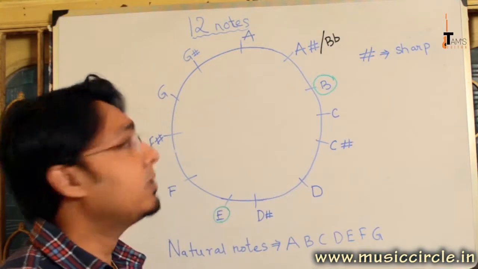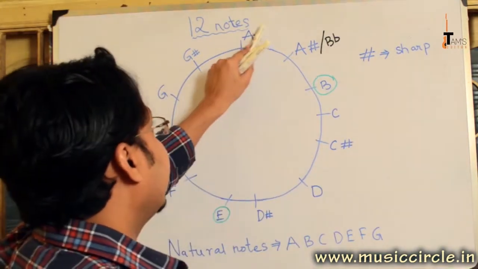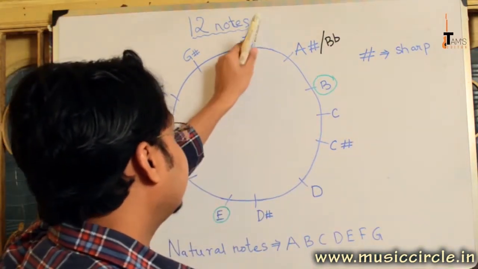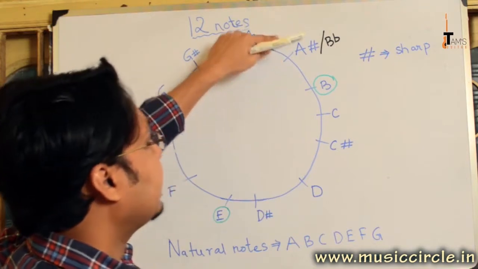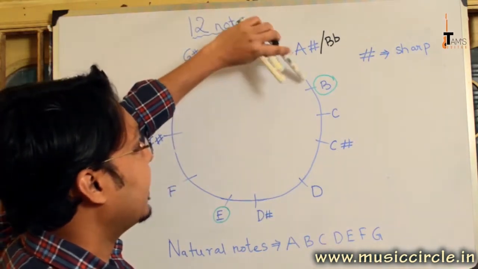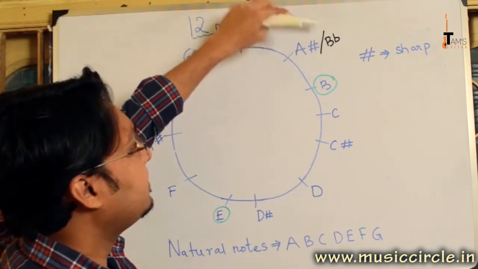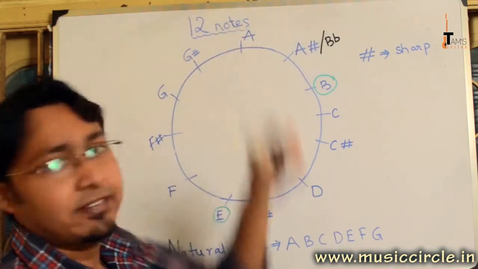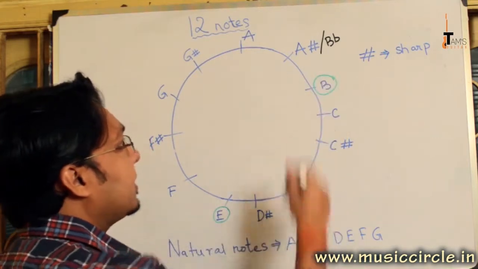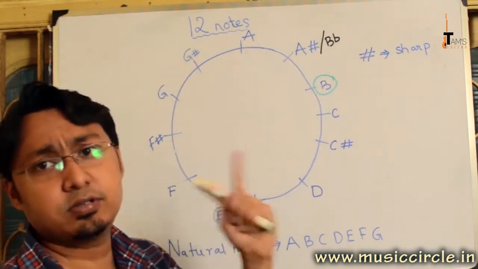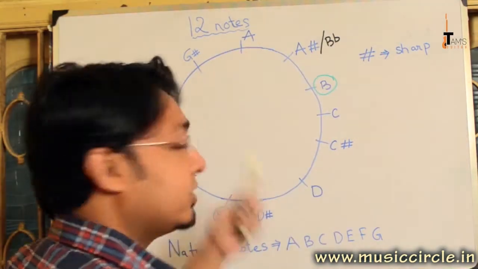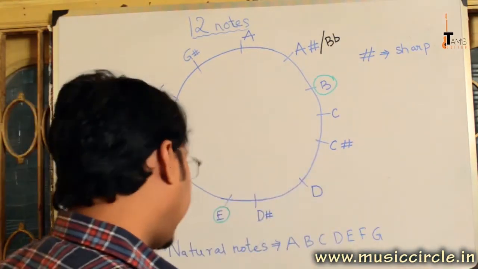Another way you can remember is that A sharp is ahead of A, so it's sharper than A, and A sharp is behind B, that's why it's B flat. These two names refer to the same note, so it's up to you what you want to call it.